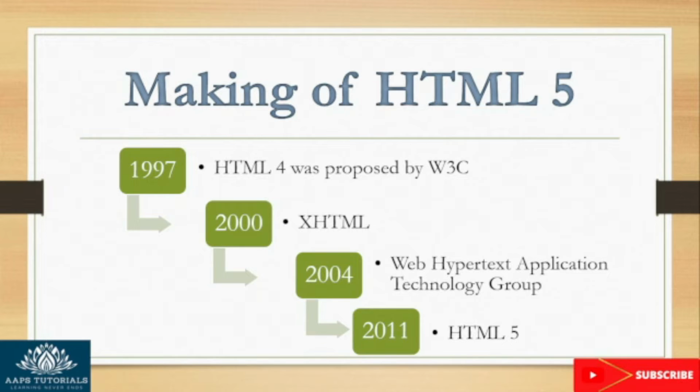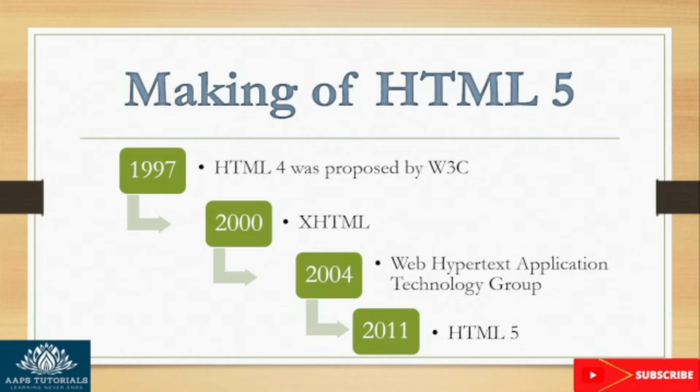In 1997, HTML4 was proposed by W3C, which stands for World Wide Web Consortium. In 2000, HTML4 evolved into XHTML, which used the XML version of HTML. In 2004, the Web Hypertext Application Technology Group was formed by various browser vendors who were not satisfied with the W3C standardization.